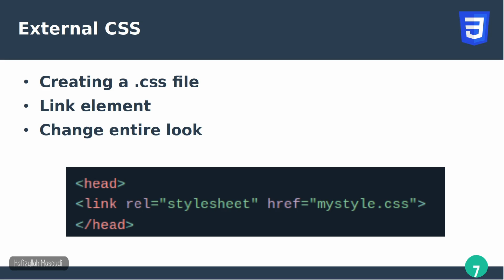So whenever we want to change the look of our entire website, we can just change one file and everything will be changed. So as you can see in the example image provided in the slide, you can add the link element in the head section of the document and link your external CSS file.